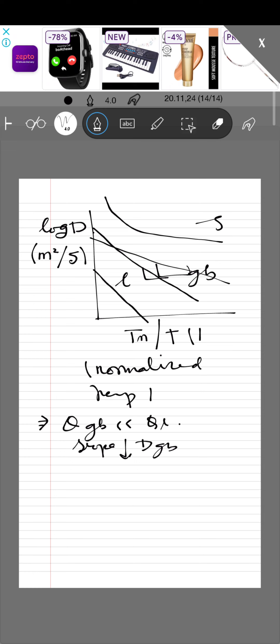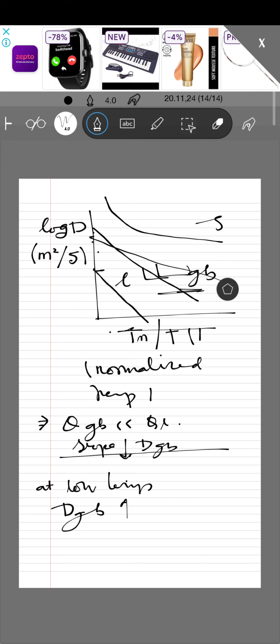Now, secondly, at low temperatures the difference is higher. The diffusion through the grain boundaries is much higher. So, as we reduce the temperature, the diffusivity in the case of grain boundary has been found to increase, or rather, the defects become more active at lower temperatures.